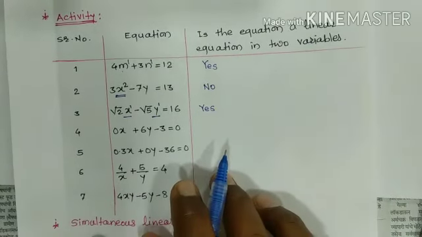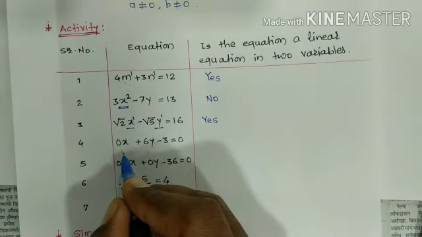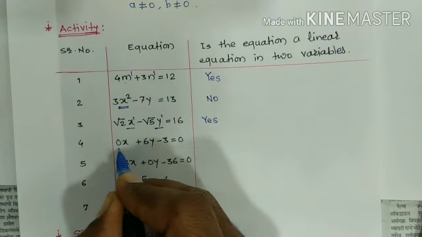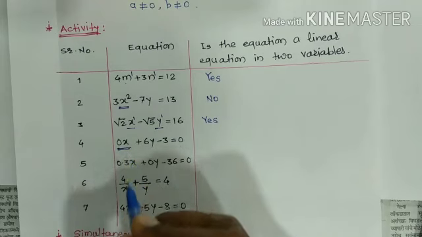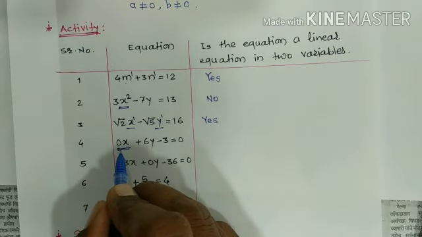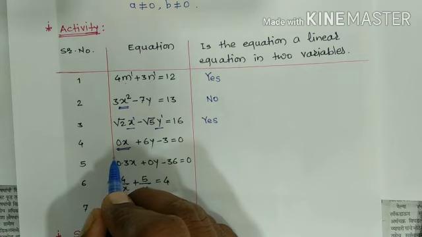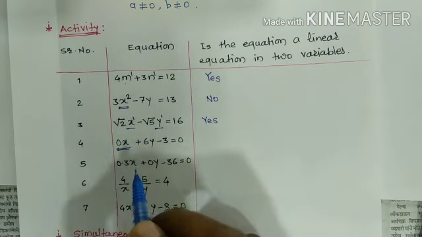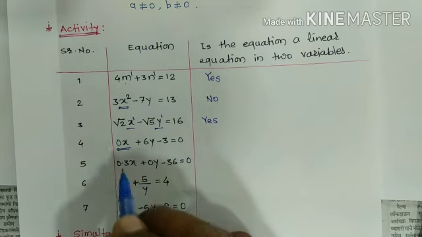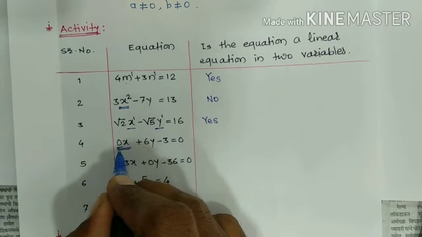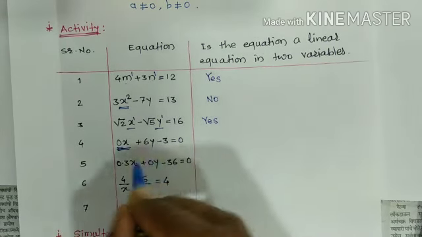In example 4, the equation is 0x plus 6y minus 3. Here the coefficient of x is 0. It means that here a equals 0. In the general form we already learned that for the given equation to be a linear equation in two variables, a is not equal to 0, but here a equals 0.